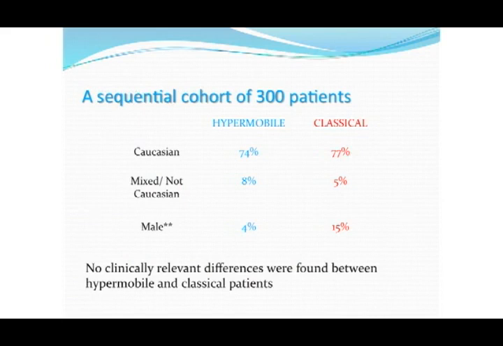Of the patients who were diagnosed as hypermobile, only 4% of them were male. In the classical group, only 15% were male.